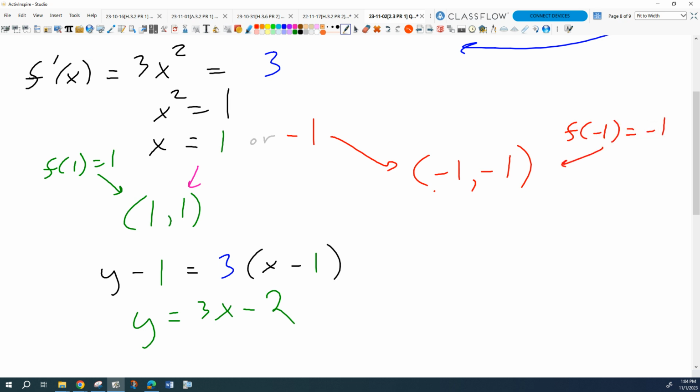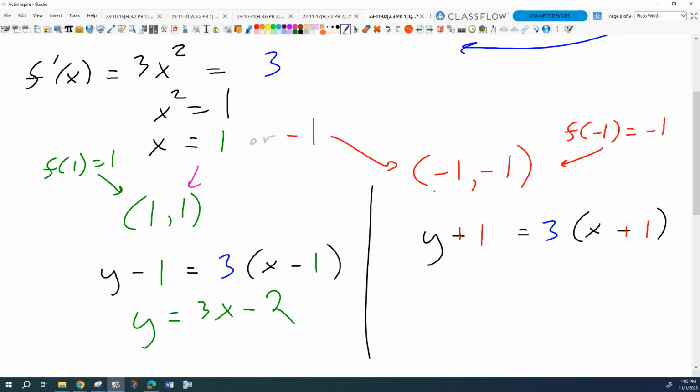And so we get the line y minus negative 1 equals 3 times the quantity x minus negative 1.